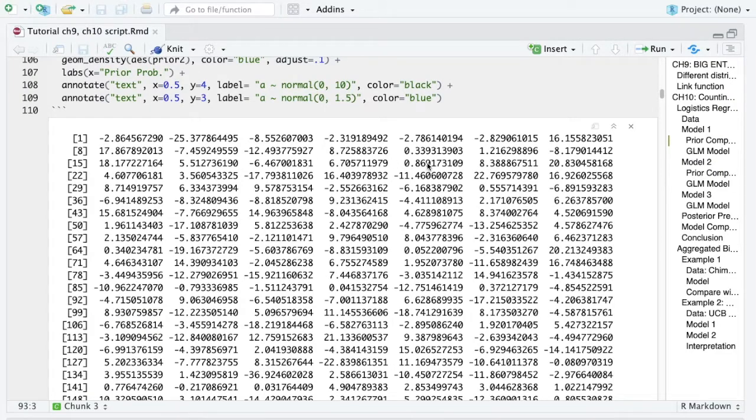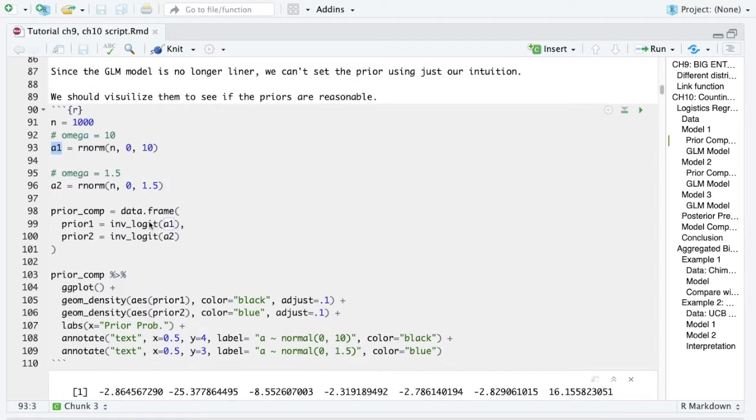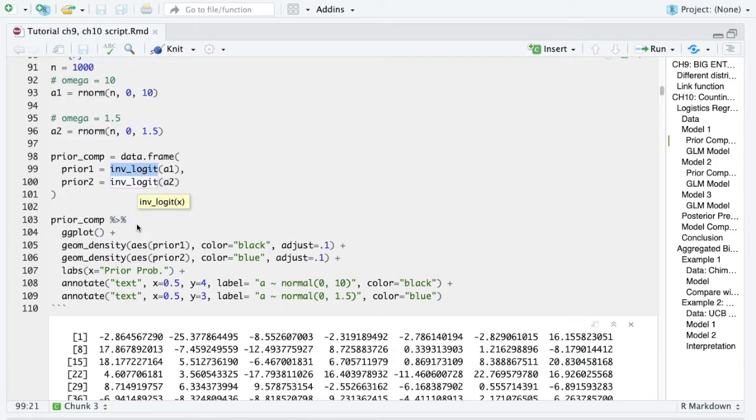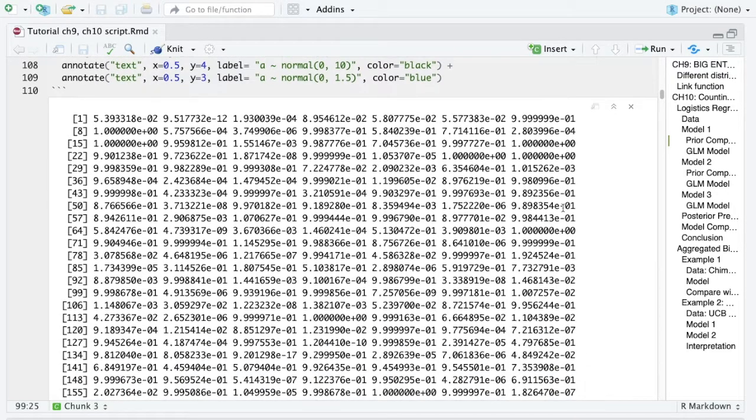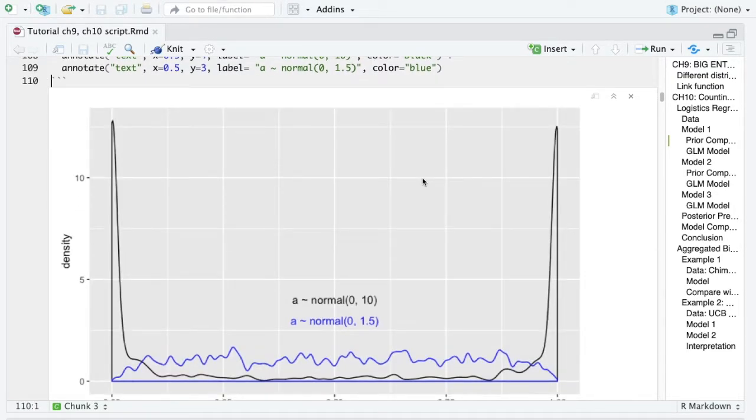You can see we have a very wide range of A1 values, and then I use the inverse logit function to transform these real numbers back to probability. So the result of inverse logit A1 will be in the range of 0 to 1, you can see here. And then we can compare the density of normal 0, 10 and normal 0, 1.5 after inverse logit transformation.